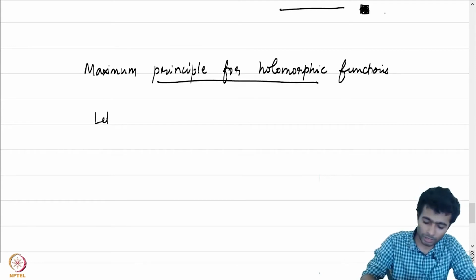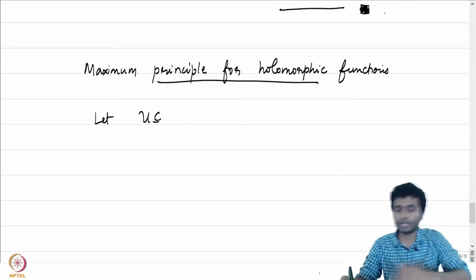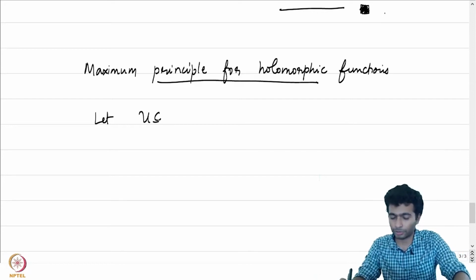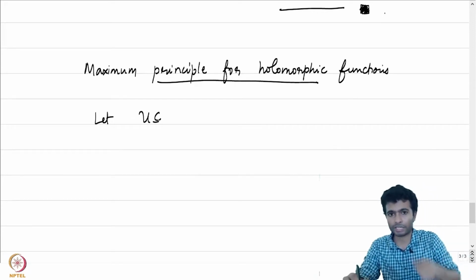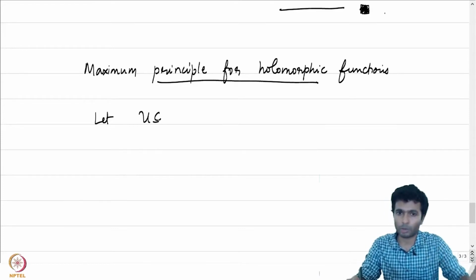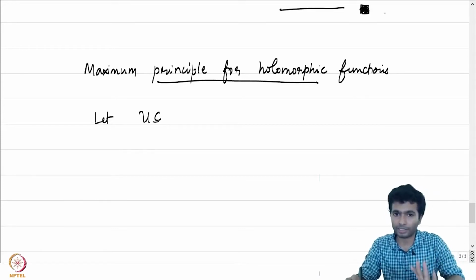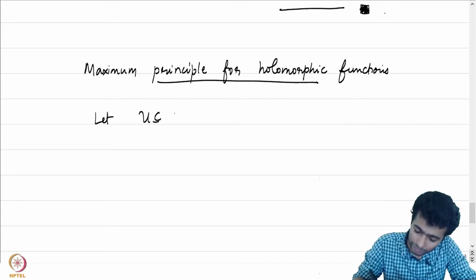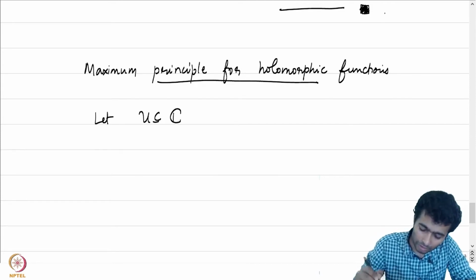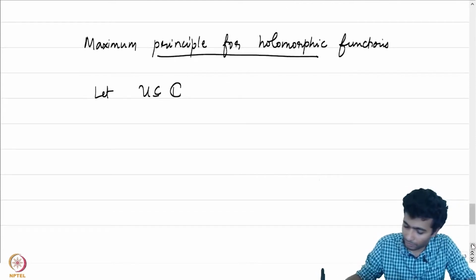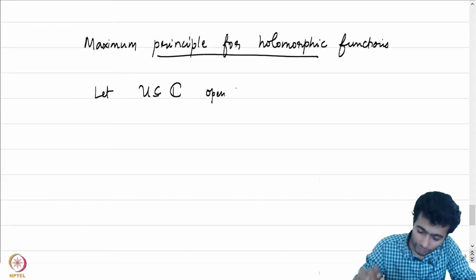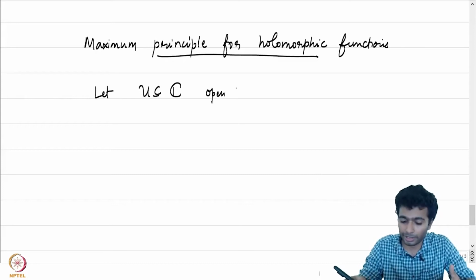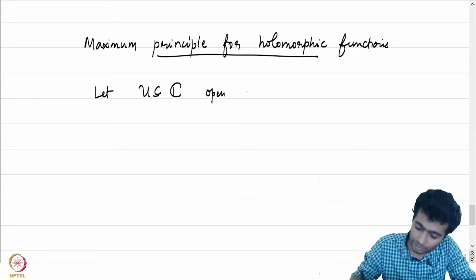So let U be contained in C. Notice that in the proof above, we did not use the connectedness property to prove that the harmonic functions attain the maximum on the boundary of a compact set. We just used the fact that it was open. Here also, let me just put the condition that it is open and connected, but for the two results that are being stated, we don't need connectedness in its assumption.